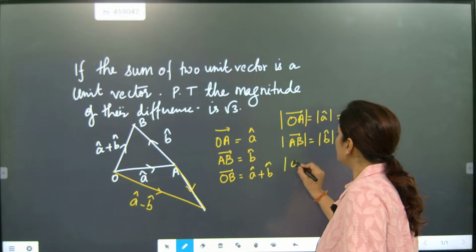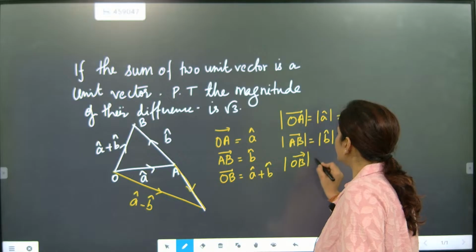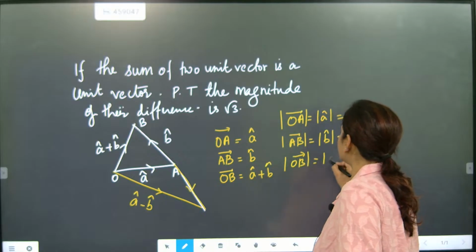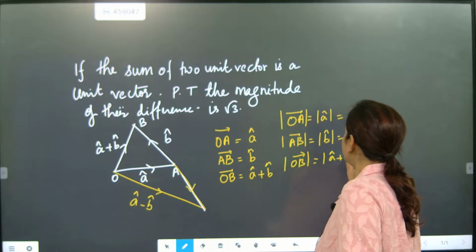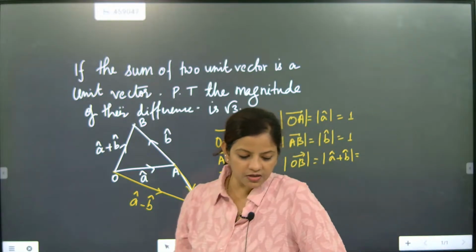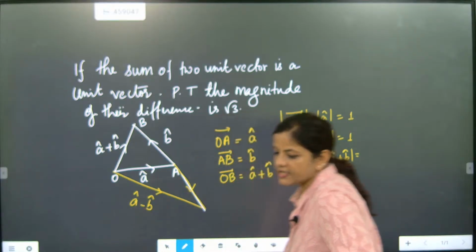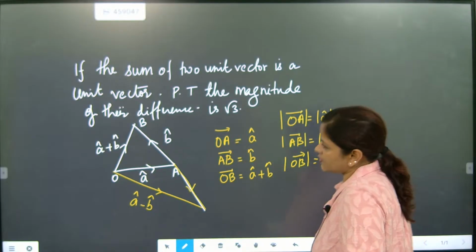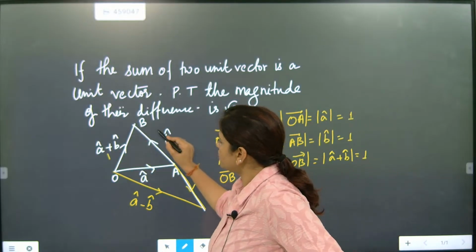Then the magnitude of OB vector: they told that the sum of 2 vectors, that is A cap plus B cap, is a unit vector, so its magnitude will also come as 1. So this is 1, this is 1, this is 1.